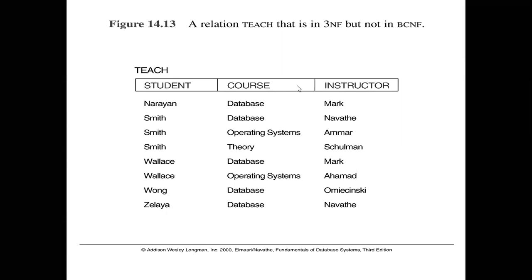So another example of a relation which is in 3NF but not in BCNF. Here the functional dependencies that we can make out are: student and course determine the instructor, and instructor determines the course.